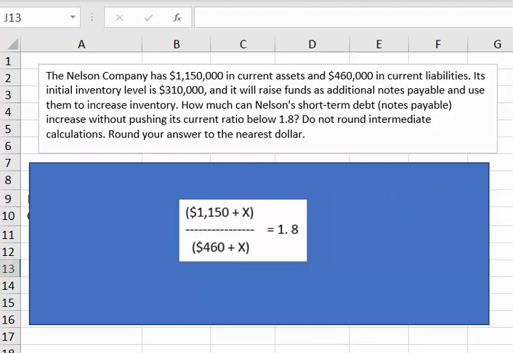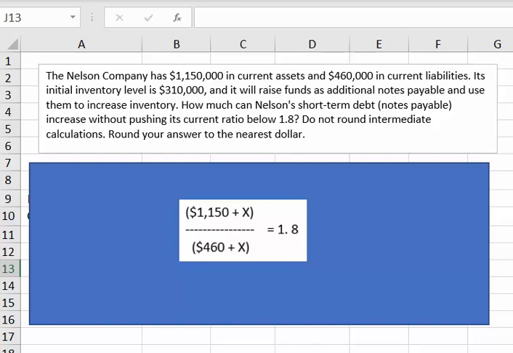Okay, and let me explain what you're looking at there. You've got $1,150,000 of assets, and you've got $460,000 of current liabilities. And then you're going to add to the asset side, right? Because you're going to be purchasing more inventory, and these are all current assets.